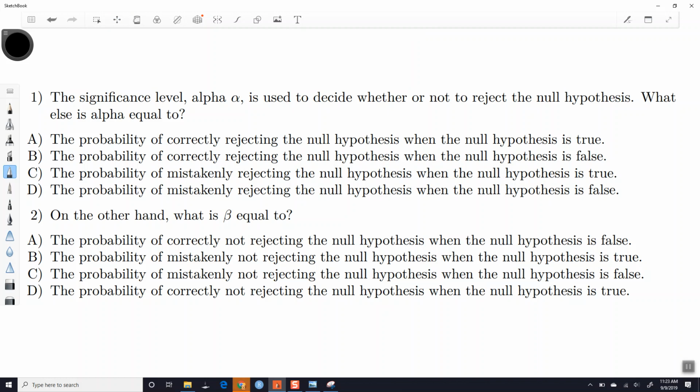The significance level alpha is used to decide whether or not to reject the null hypothesis. What else is alpha equal to? Alpha equals the probability of a type 1 error, which is our false positive.